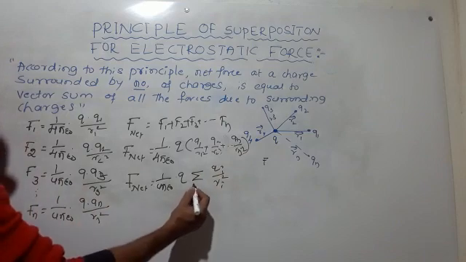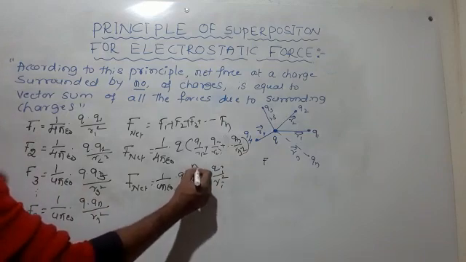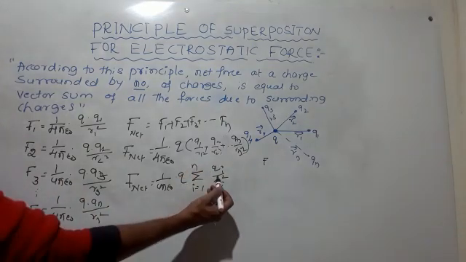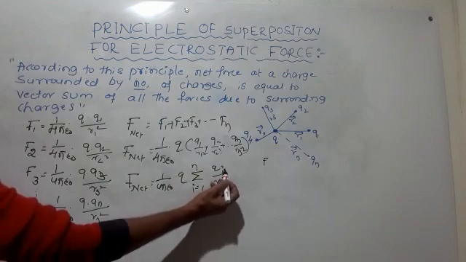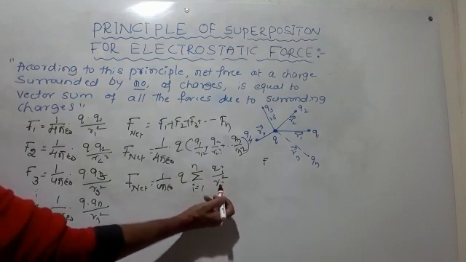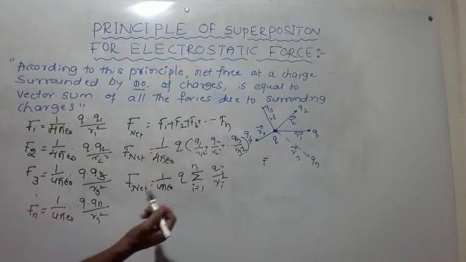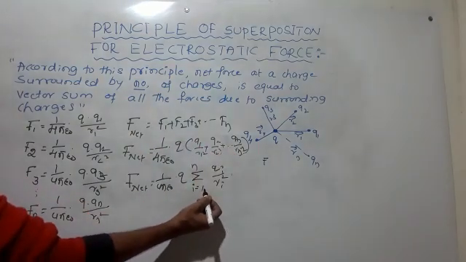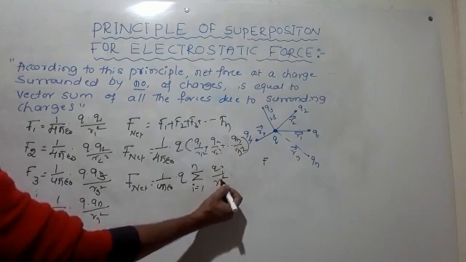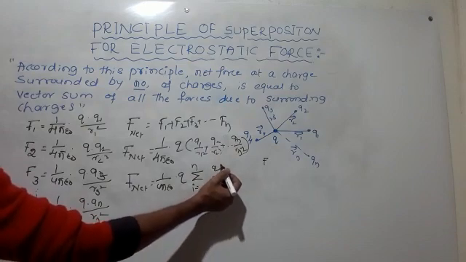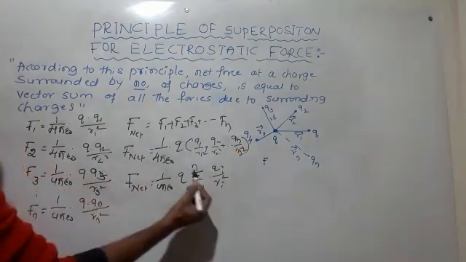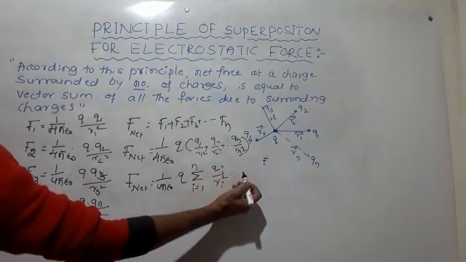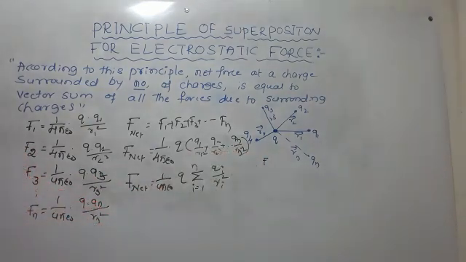So what is the value of i? i is equal to 1 to n. For the first value, if you put i is equal to 1, Q1 divided by R1 square, first value, plus, what is the second value? i is equal to 2, that is Q2 divided by R2 square, plus so on up to the last value, that is n, Qn divided by Rn square.